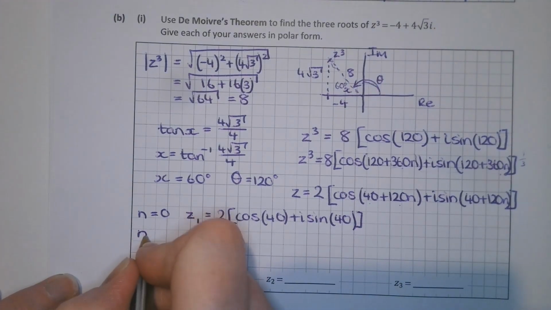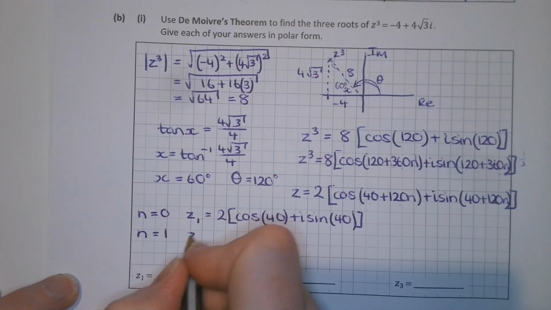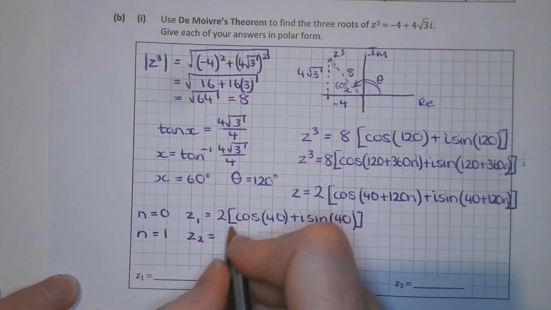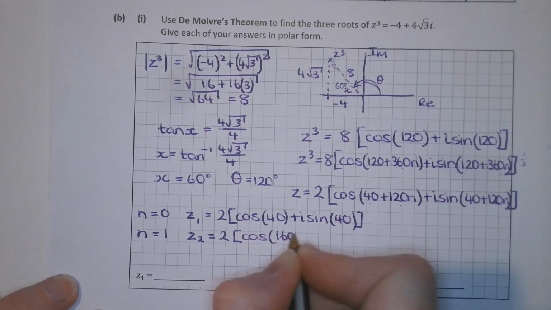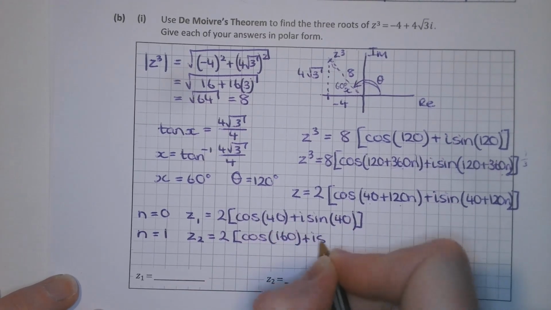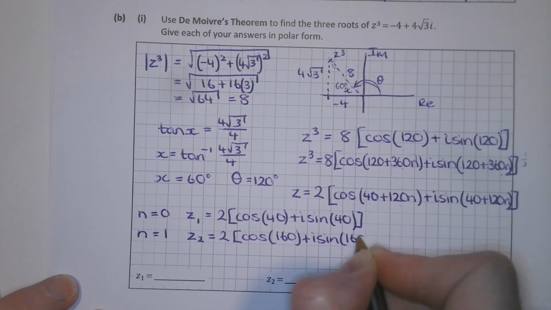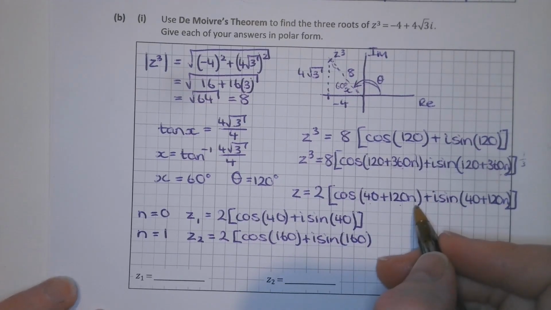For n equals 1, so z2, we would have 2 times the cos of 160 plus i sine 160. So again, replacing the n with 1.